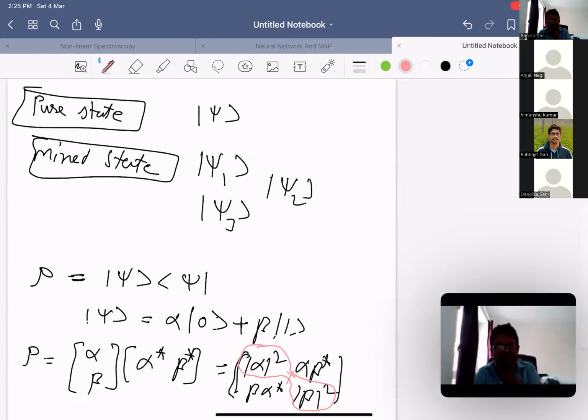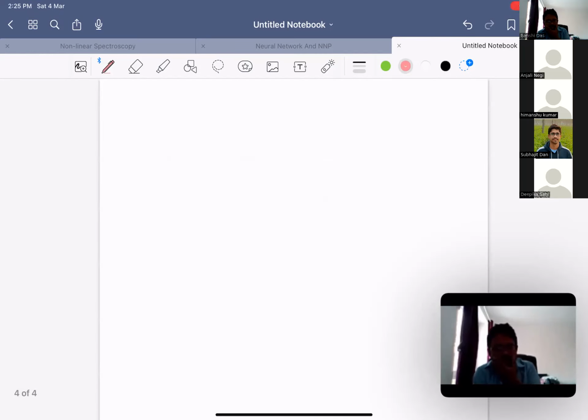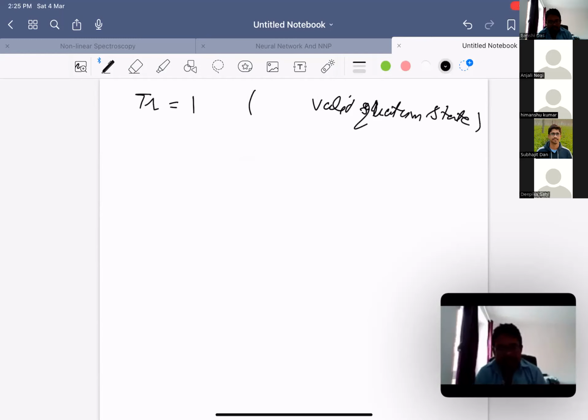It should be noted here that for a valid quantum state, the trace should always be equal to 1.